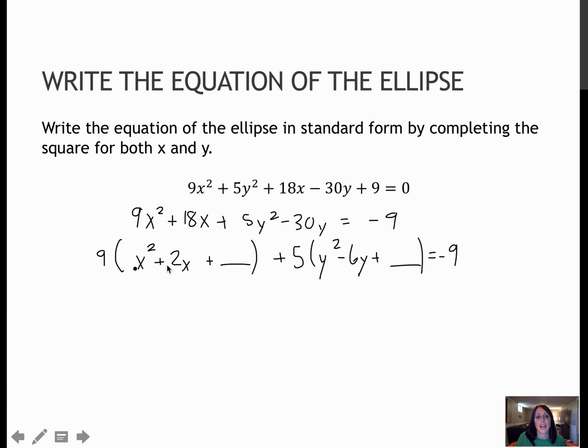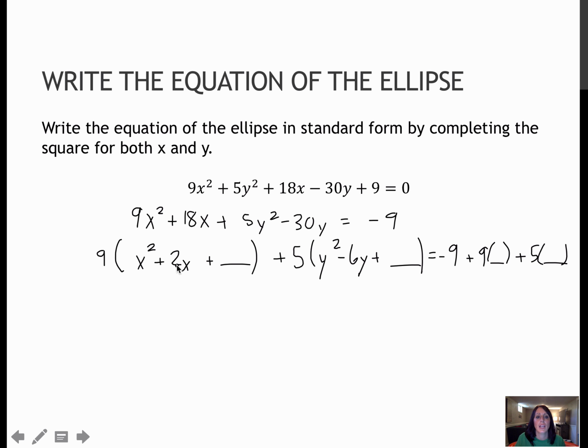And then on this side, I'm going to put the 2 blanks, but remember this is 9 times the blank, so plus 9 blank, and then plus 5 blank. So that's just so I don't forget later that this is actually a 9 here.